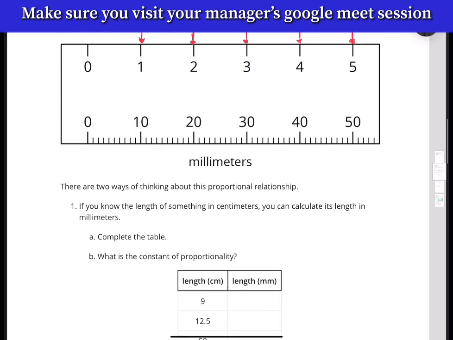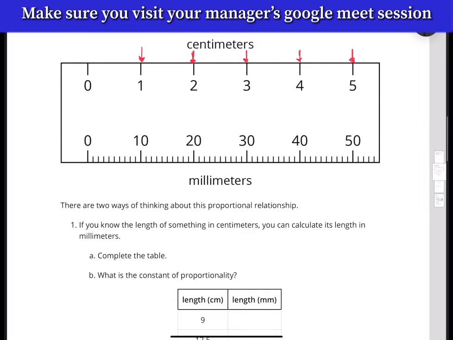So if we're studying the relationship between the centimeters and the millimeters, it appears that however many centimeters there are, you want to multiply that number times 10. And here's what I mean by that. So 1 times 10 would be 10. 2 times 10 will be 20. 3 times 10, can you guess it? 30, and so on.